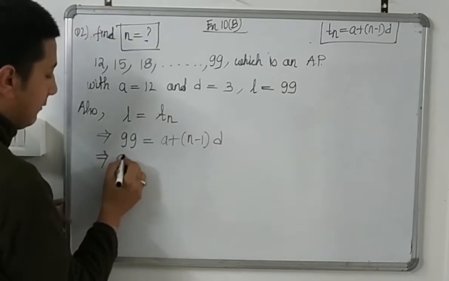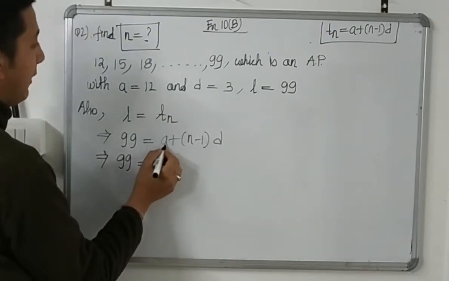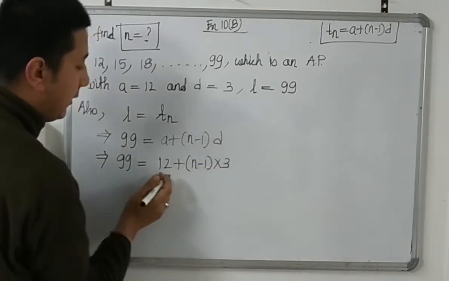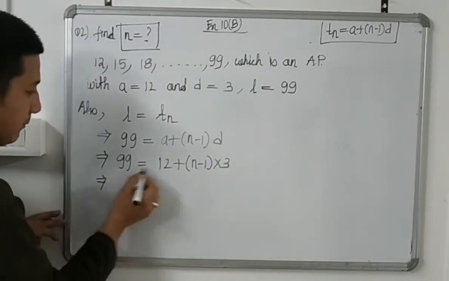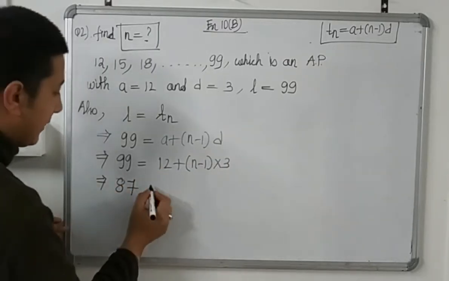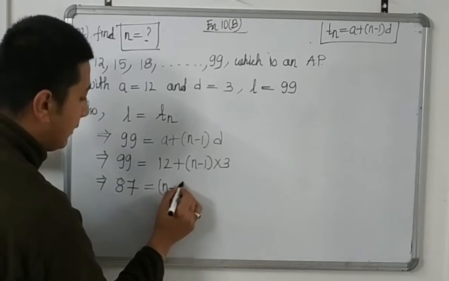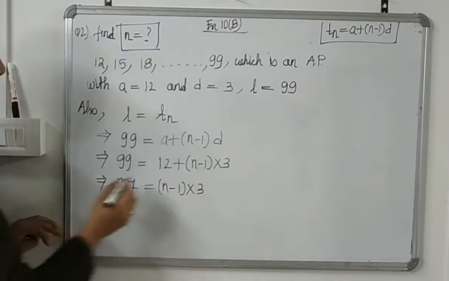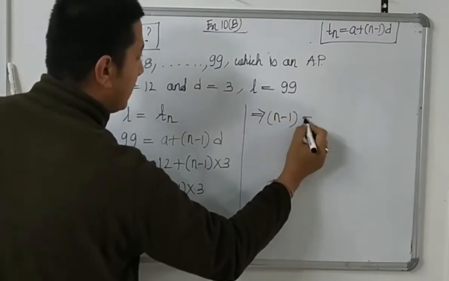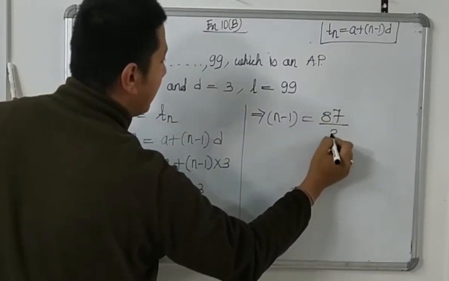Put the values. 99. What is the value for a? 12 plus n minus 1 into 3. Bring 12 this side. So this becomes 87, right? 87 equals n minus 1 into 3. Divide by 3, which implies that n minus 1 is equal to 87 divided by 3.